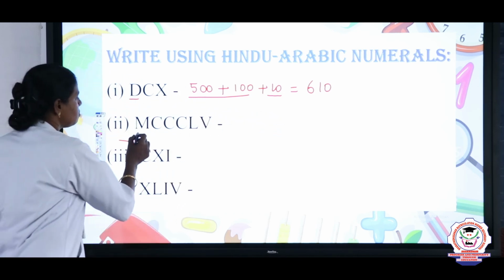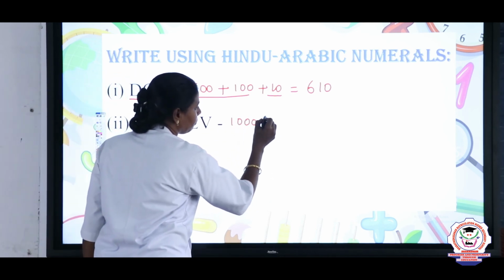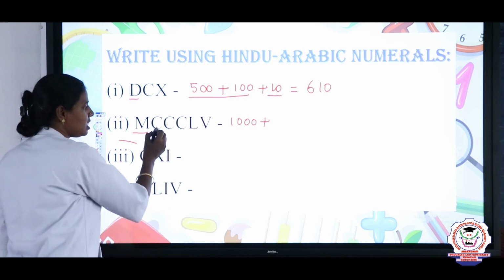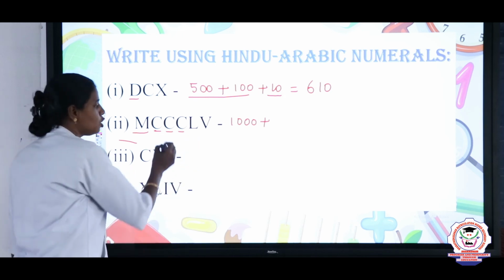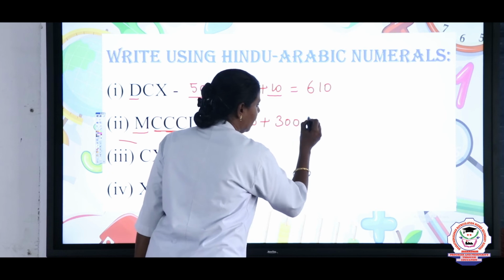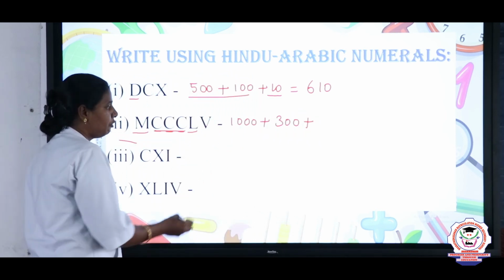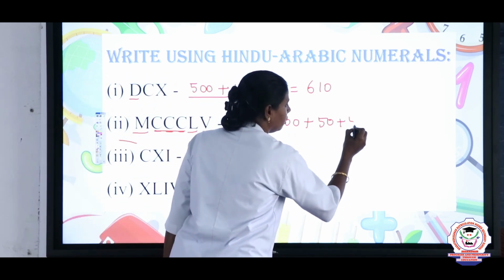See, M stands for 1000. Very good. And C for 100, right? How many C's are here? 100, 200, 300. So these 3 are 300, plus the next L for 50 and V for 5.